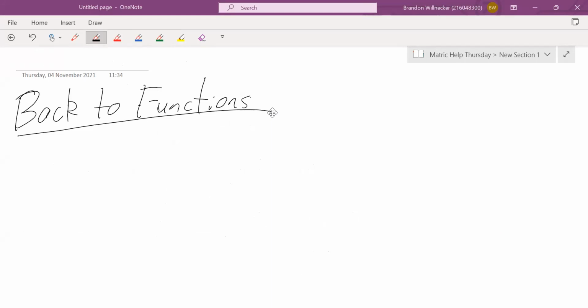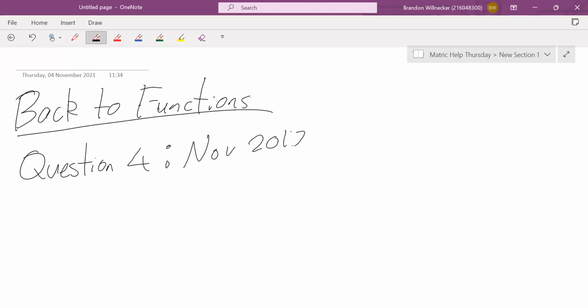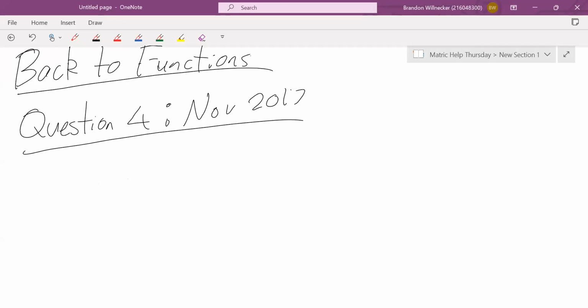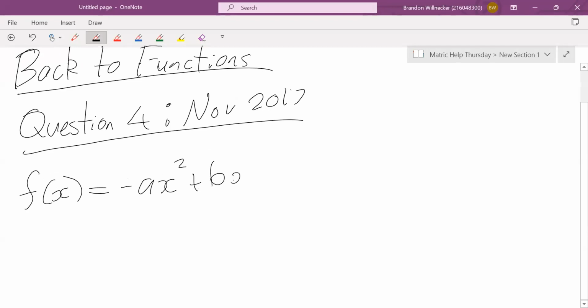Okay, so we're looking at question 4 from November 2017. So if you want to go back and look at this paper, it's question 4, November 2017. So we're given this function f. So f of x is equal to minus ax squared plus bx plus 6. Okay, so 4.1.